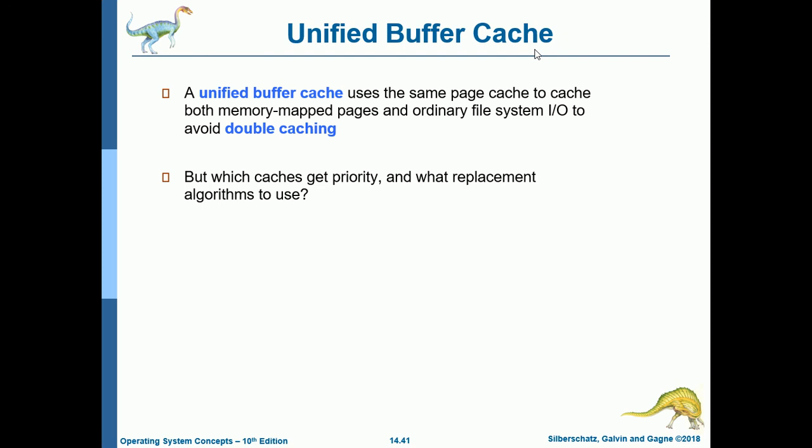But the question now is, which caches get priority and what replacement algorithms to use? The answer is, regardless of whether we are caching storage blocks or pages or both, least recently used, or LRU, seems a reasonable general purpose algorithm for block or page replacement.